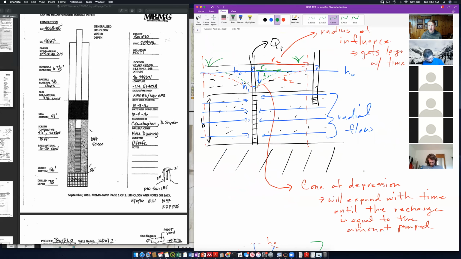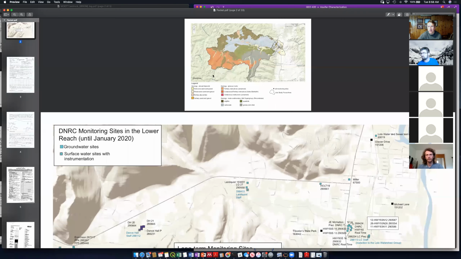All right, let's define a few things. As this cone of depression gets bigger and bigger, here now I'm at T3, so it's continuing to expand.